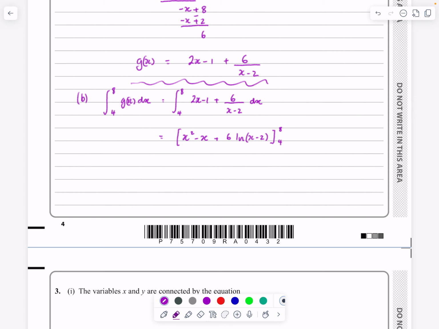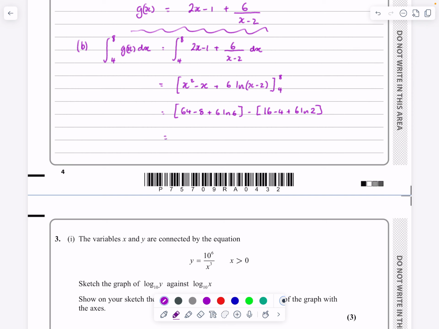And then we're just going to sub in our values. So subbing in 8 is going to give me 64 minus 8 plus 6 log 6, minus subbing in 4 is going to give me 16 minus 4 plus 6 log 2 here.